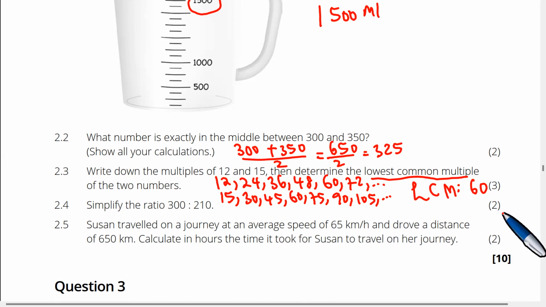What do you think the simplified ratio is?